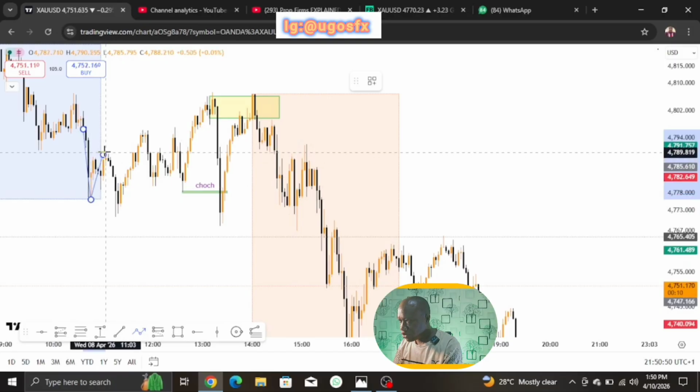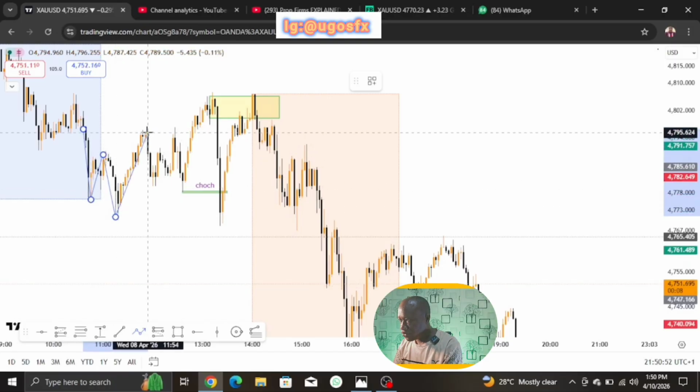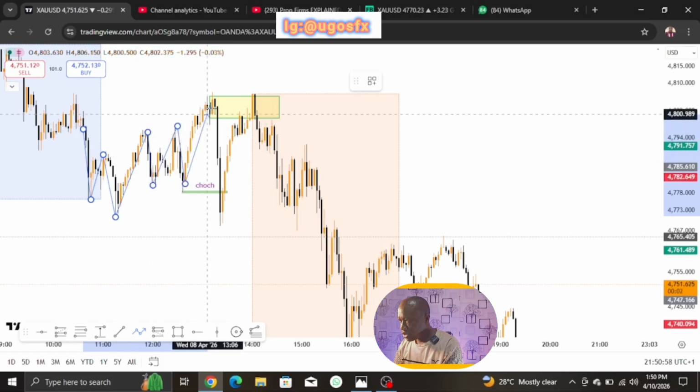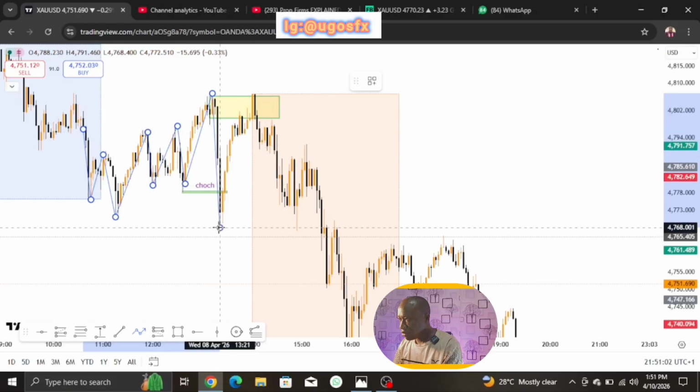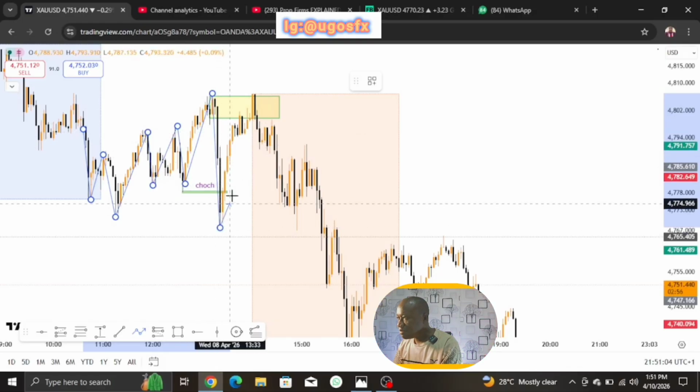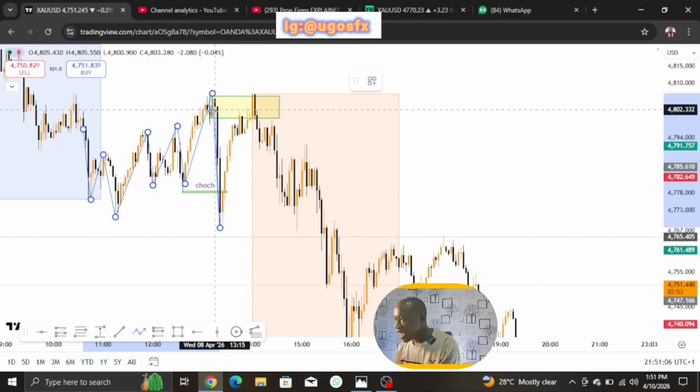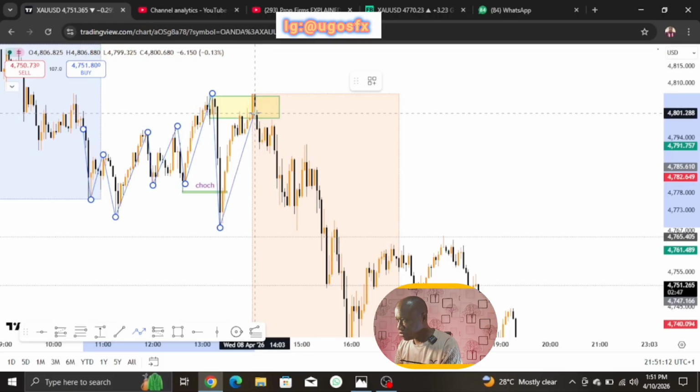Price started moving up. And boom, there's a change of character. So price returned back to this order block that caused the change of character at the beginning of the London session. You can see price gives us a bearish engulfing candle at this zone.